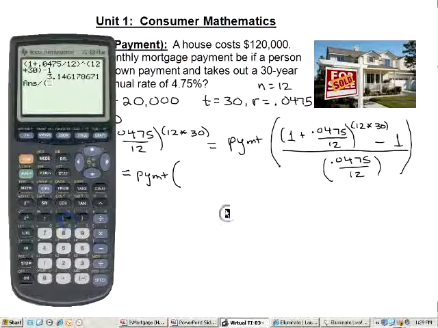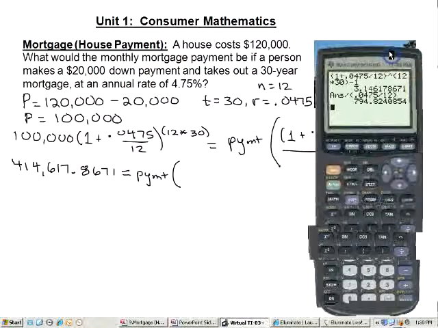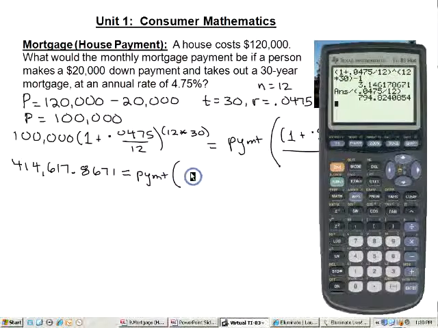And then we're going to divide by parentheses our denominator, 0.0475 divided by 12. And so we get, again, this is an intermediate step, do not round, this is not our final answer.